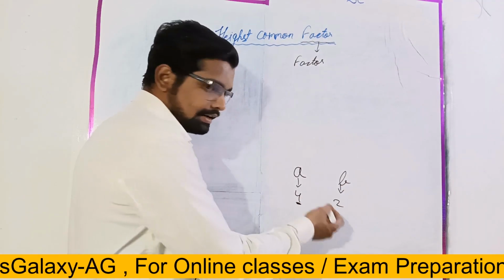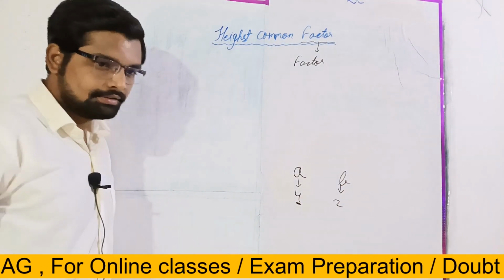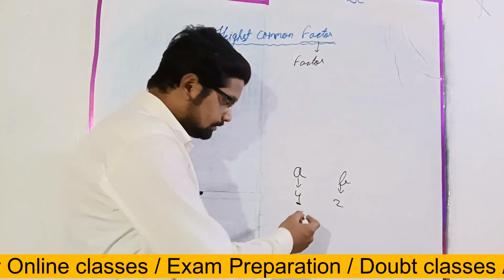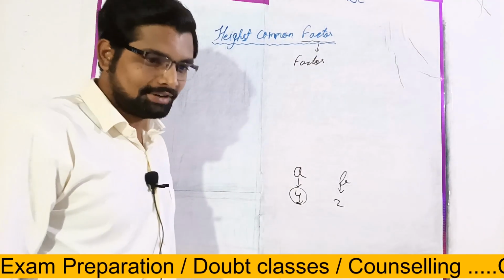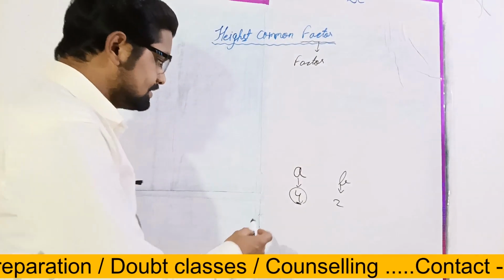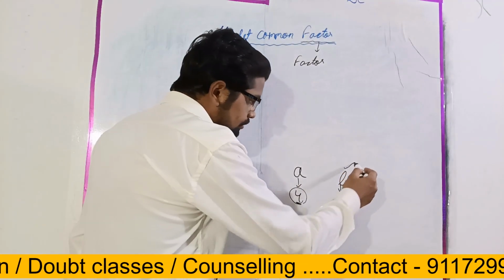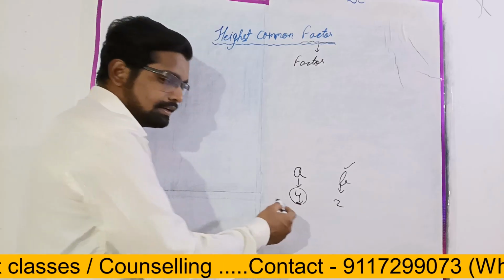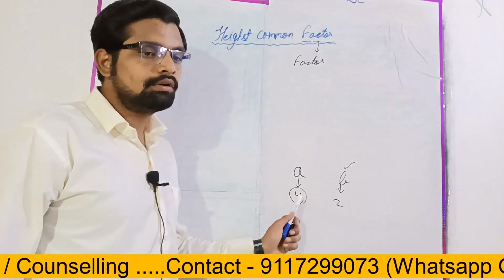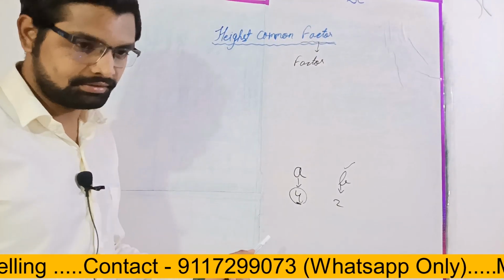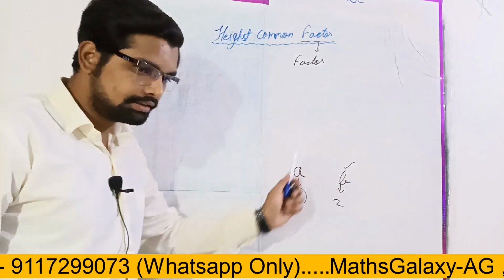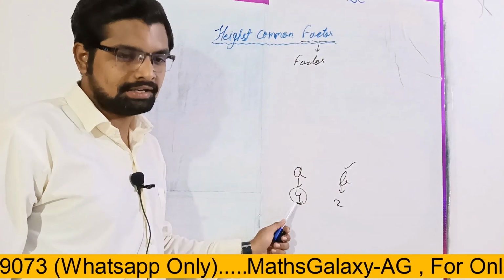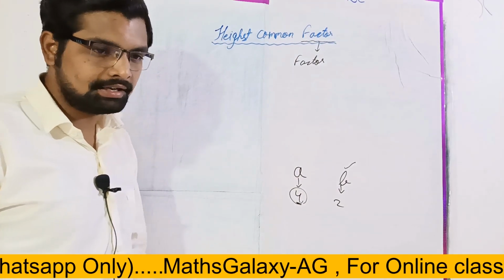So 2 is the factor. So here we can say that a number through which we can divide another number without leaving any remainder will be known as the factor for the given number, right? Is it clear? Okay.